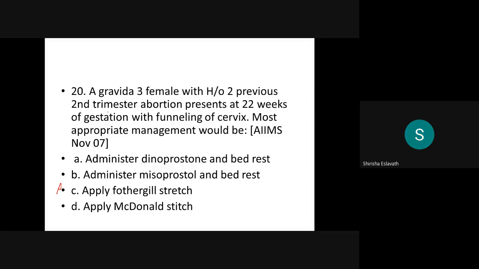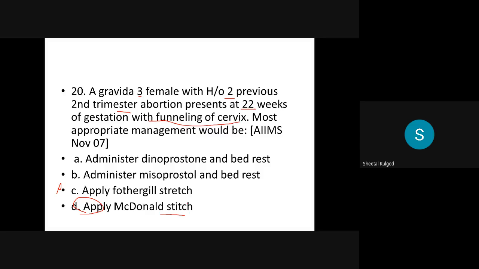Now this patient is coming to you with a history of 2 second trimester abortions. Though the cervix is funneling, she is coming to you at the right time, 22 weeks. We can still try to salvage this pregnancy by doing an emergency stitch. A McDonald stitch can still be applied to her and we can try to save her pregnancy as much as possible.